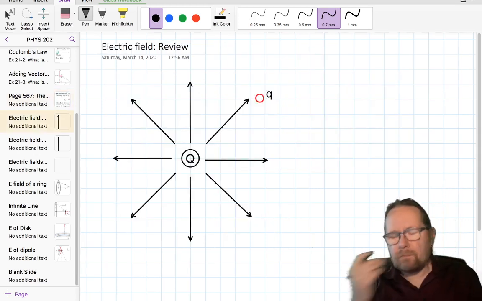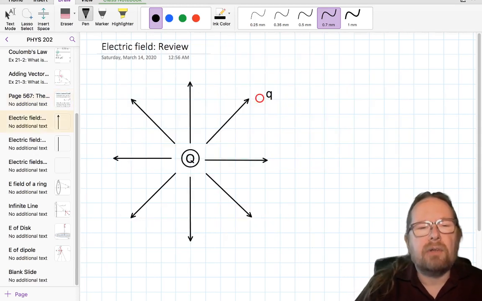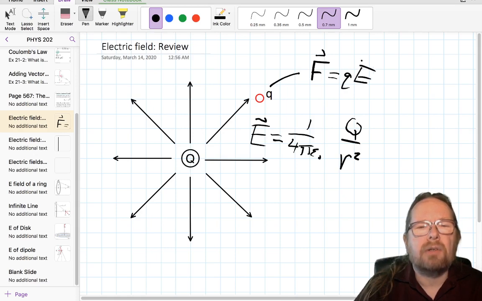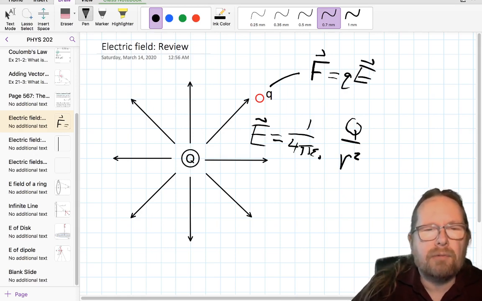So we want to talk about the electric field, and we've said a couple of times that we can view electrical forces as being due to electric fields, where the electric field of a point charge is equal to 1 over 4 pi epsilon naught times the charge divided by the distance between the charges squared. The force experienced by a charge in that electric field is equal to its charge times the strength of the electric field at the point in space where it finds itself.